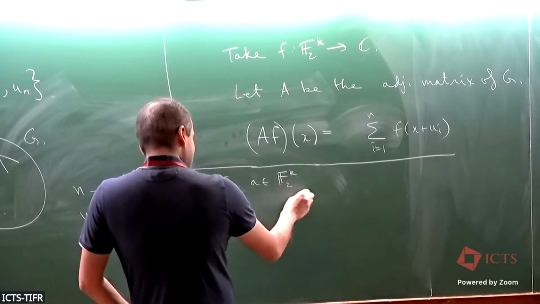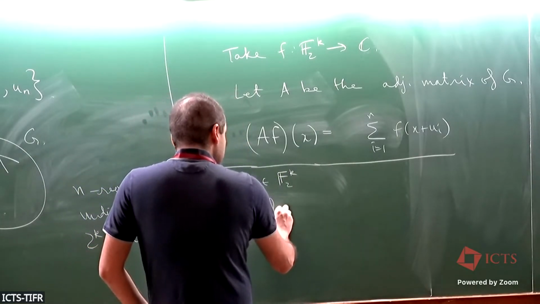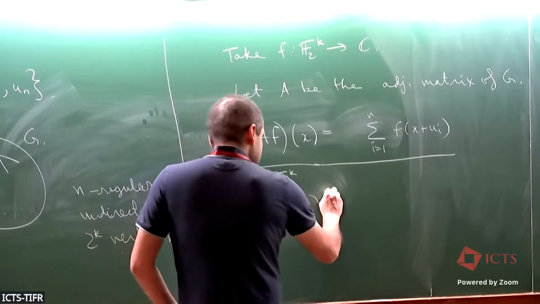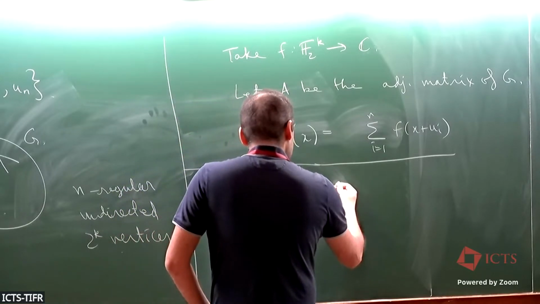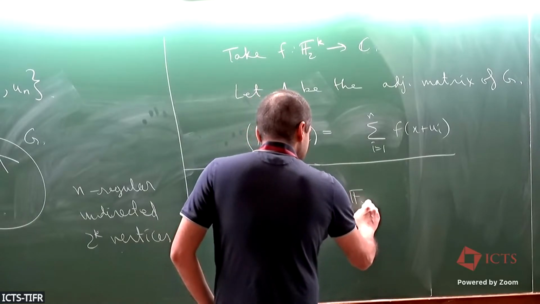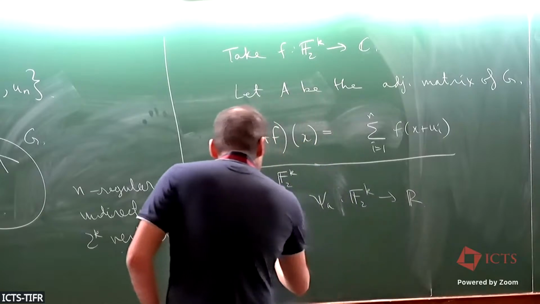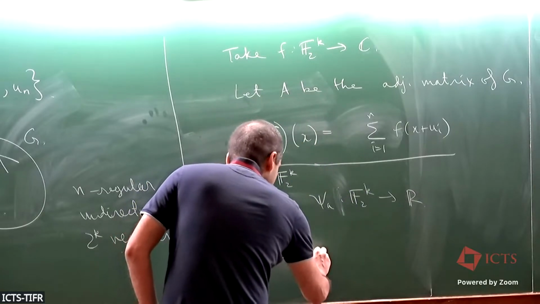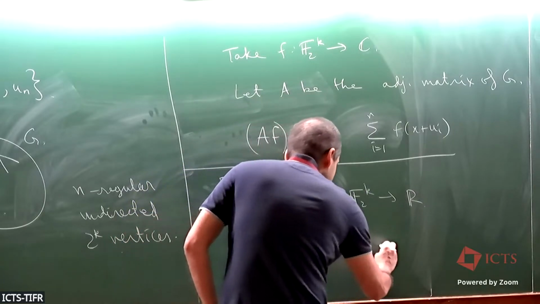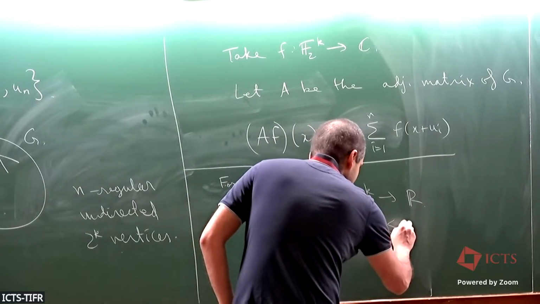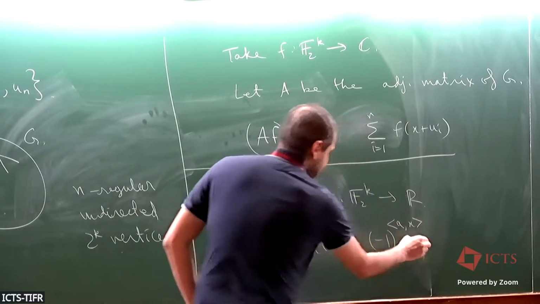For a in F2 to the k, we define a particular function psi a from F2 to the k to the reals, by psi a of x equals minus 1 to the inner product of a with x.